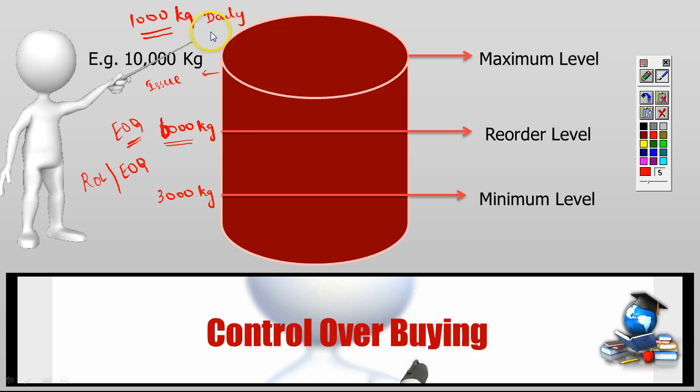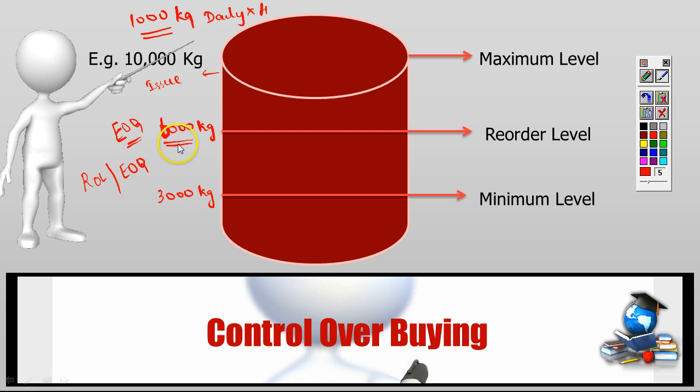After 4 days, 4,000 units have been issued. 4,000 is gone. So this touches 6,000. When this touches 6,000, that is end of Thursday, on Friday you will order based on the EOQ.